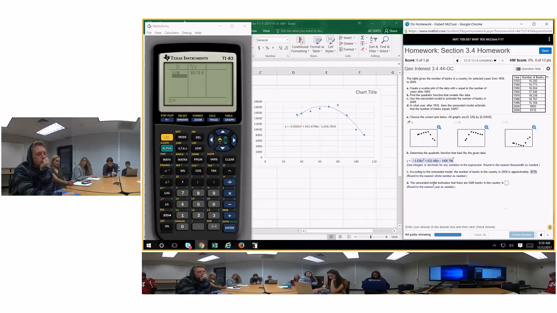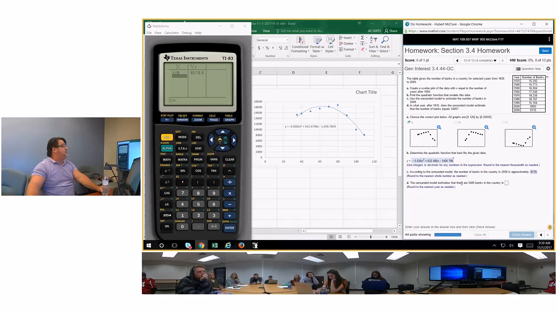The unrounded model estimates that there are 5,485 banks in the country in blank. So now I want to go to second table set and put auto on X and put ask on Y. And hit second table.